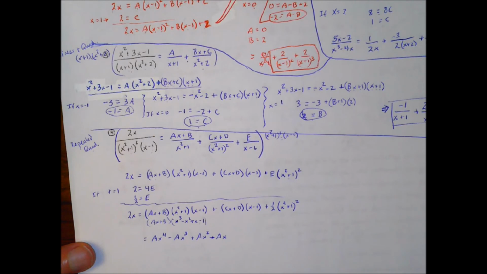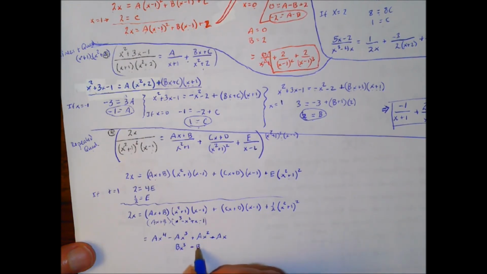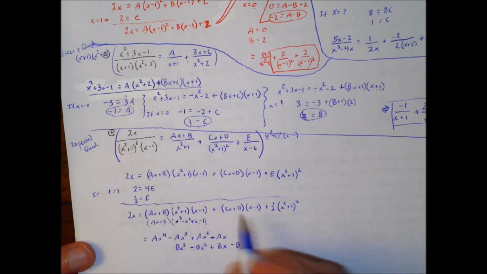I'm going to take the b through, so b times x to the third, I'm going to put that with my other x to the third powers here, negative bx squared plus bx, and minus b. Over here I'm going to multiply these together. So that times that is cx squared, so I'm going to put that with the x squareds here.